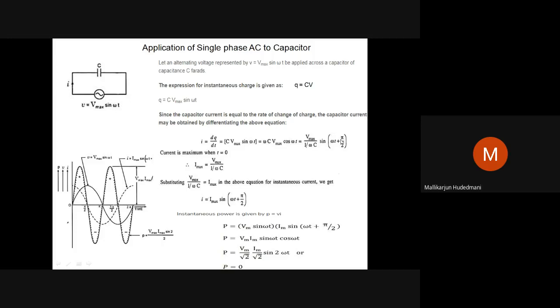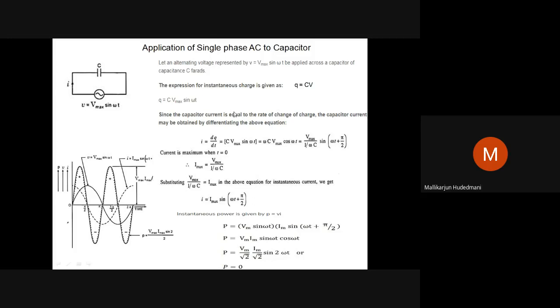This is an advantage. Then this whole term is represented as the peak current, Im. Im equal to Vm divided by 1 by omega C. The denominator is called capacitive reactance, also known as XC. XC is known as capacitive reactance.